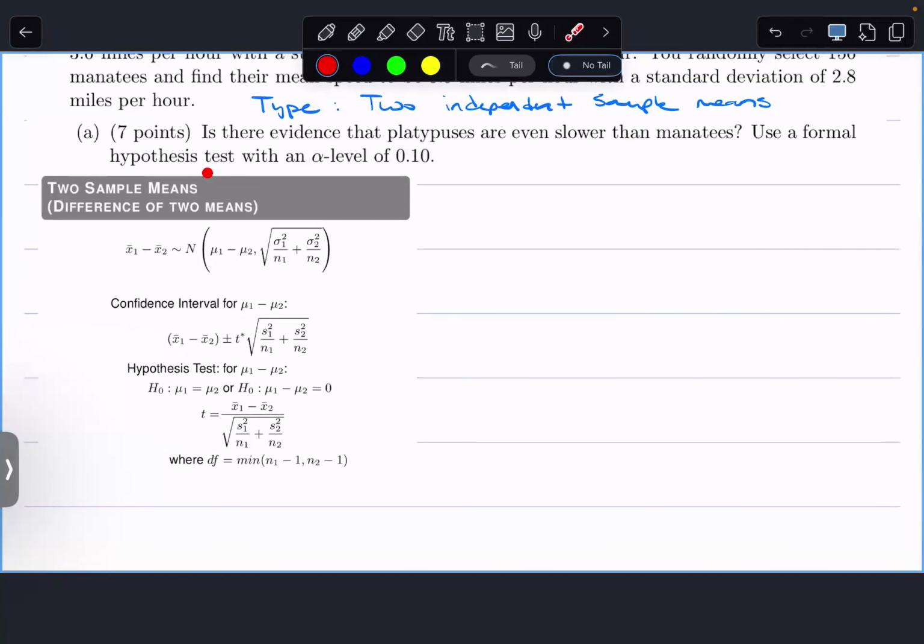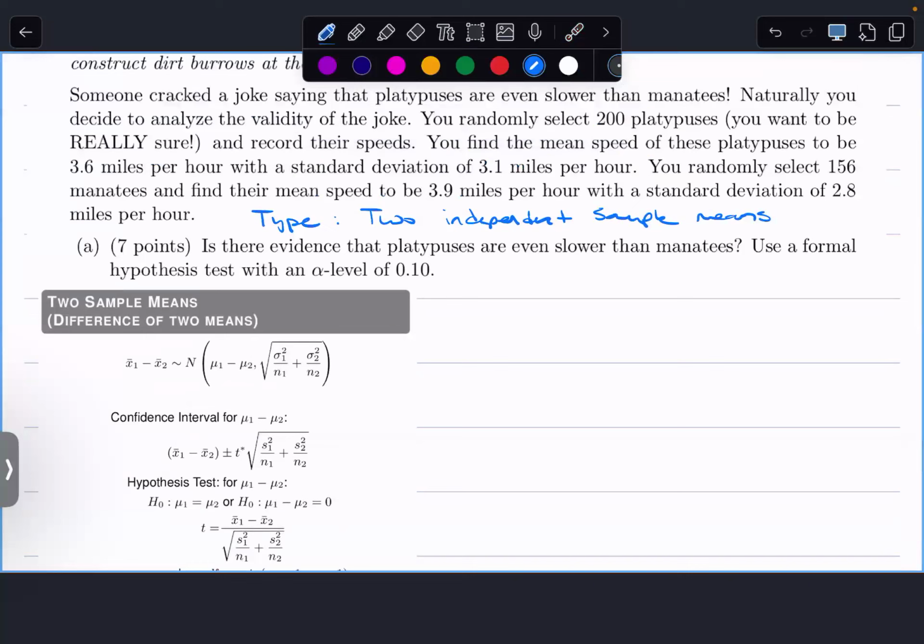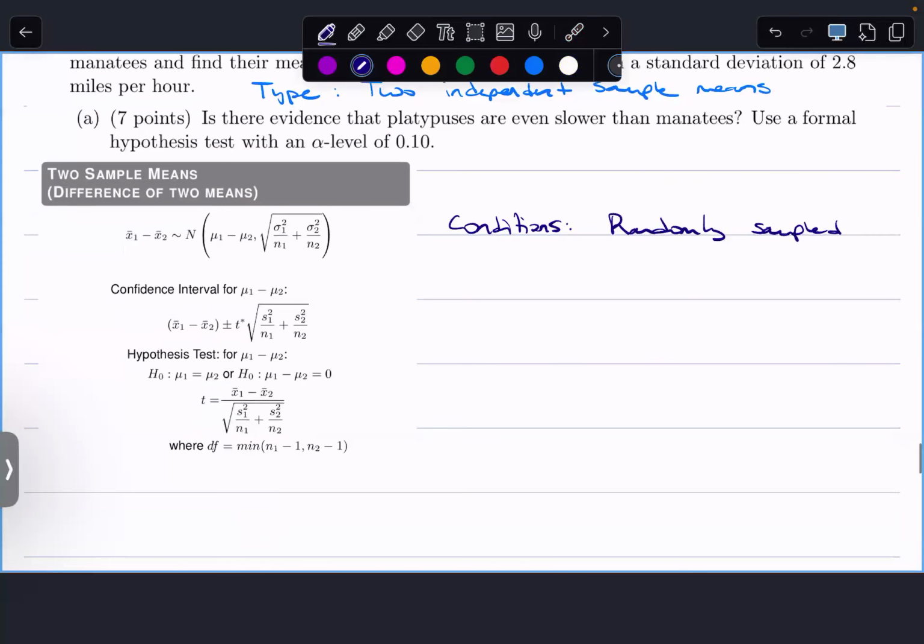Well, I want to do a formal hypothesis test, which means I'm going to be down here. Our conditions are the same. We just test them for both groups. I think I randomly sampled both groups. So let's just get the conditions out of the way. We randomly sampled both groups. N1 is 200, which is greater than 30. And N2 is 156, which is greater than 30.